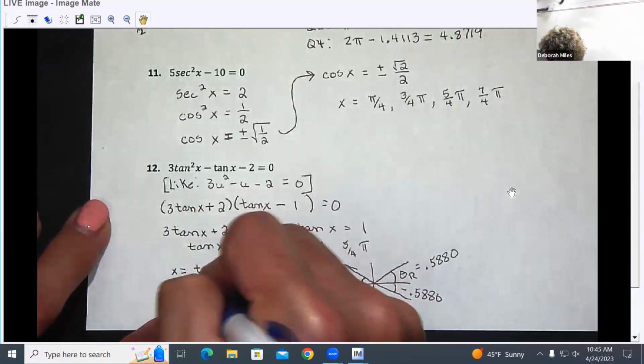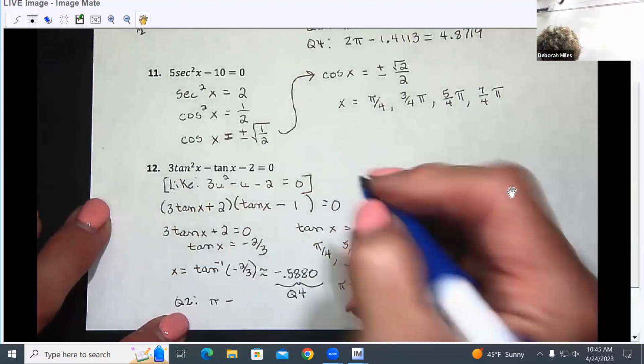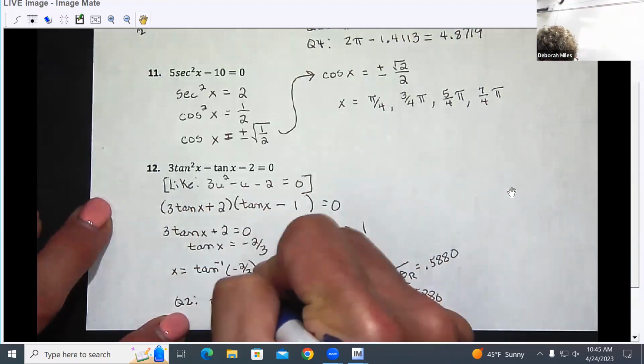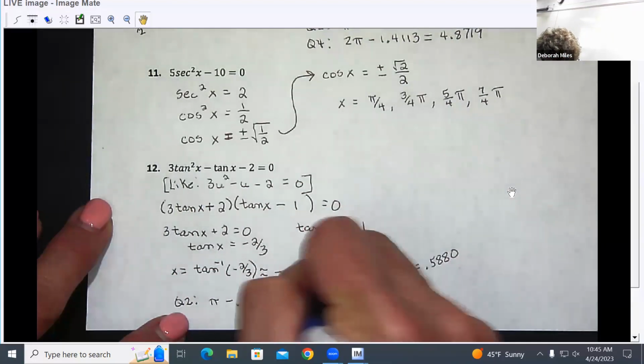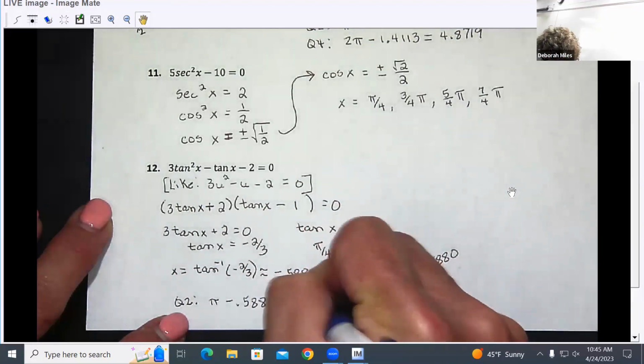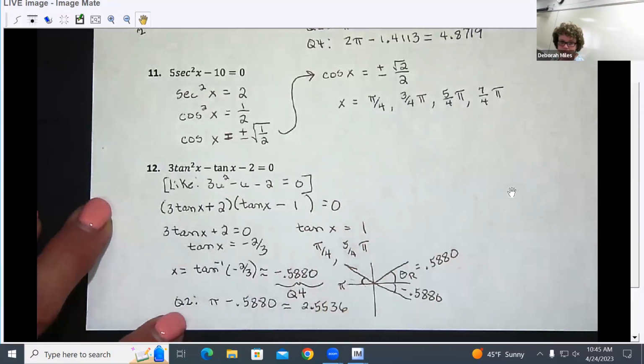The quadrant 2 angle would be pi minus 0.5880, which I got to be 2.5536.